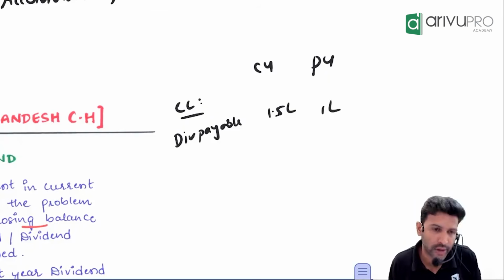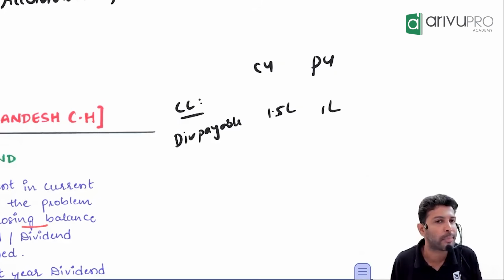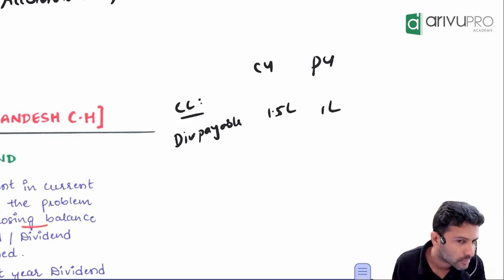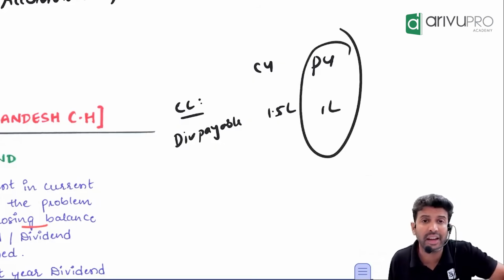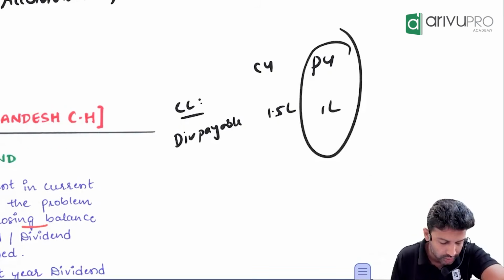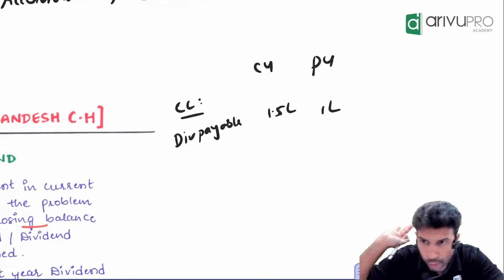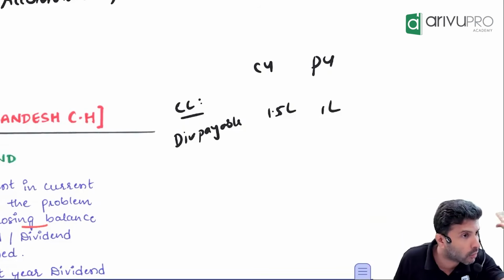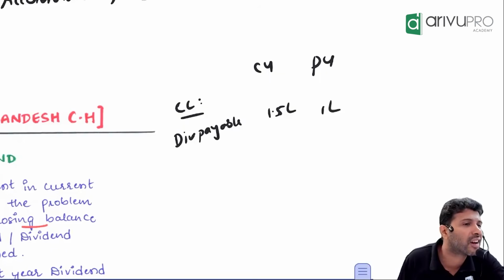Only this information about dividend will be given to you. Now, what do we have to do here? We have already studied company law. We know that dividend once declared has to be paid within 30 days. This 1 lakh is which year's dividend? Current year's or last year's? This is last year's dividend. Last year is over. Current year is also over. Will you keep this dividend outstanding or will it be settled? It will be paid off. That means what is the assumption?